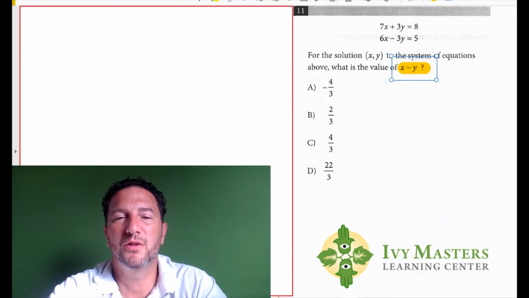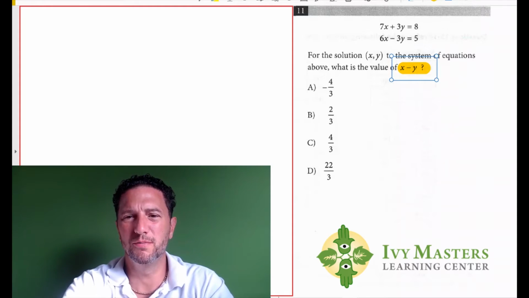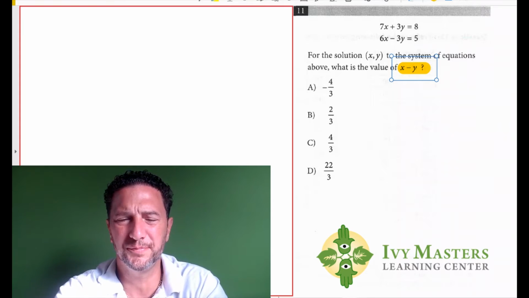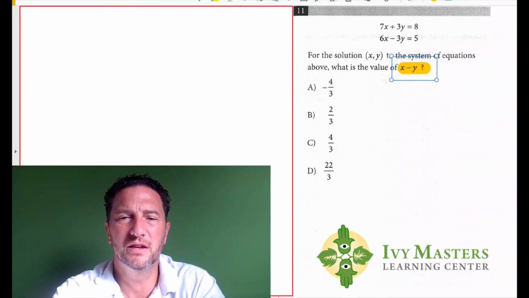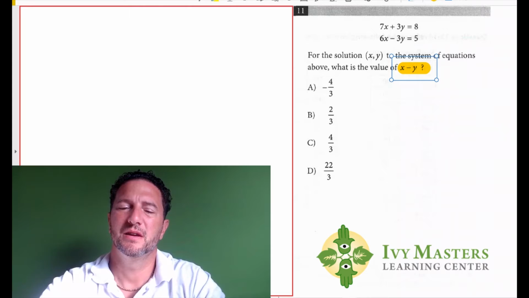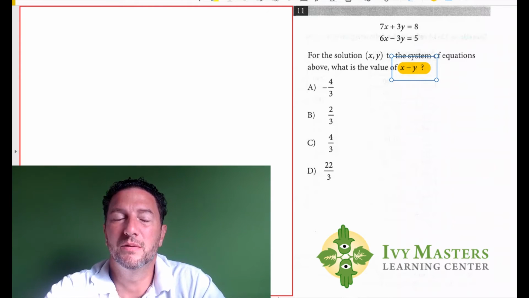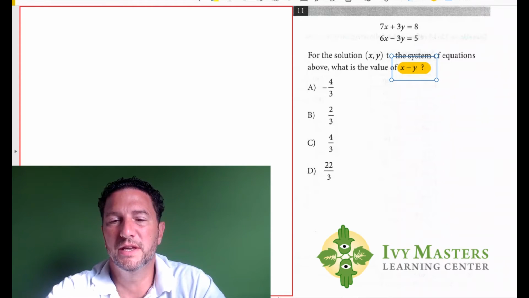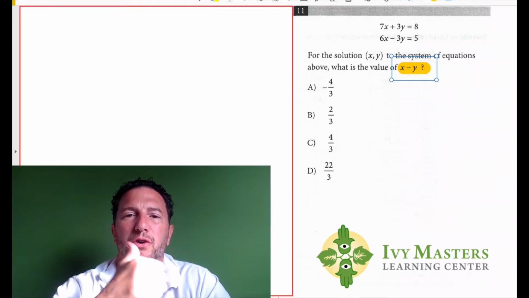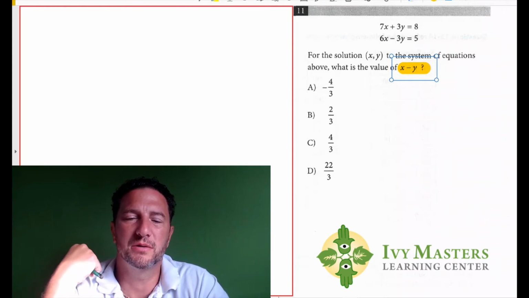Keep in mind, the variable that's isolated is the one that will be eliminated. So that's helpful to know because it's a little tougher to tell which one you're eliminating if you're doing substitution. If you're doing elimination, then it's easy to see which one you're eliminating.